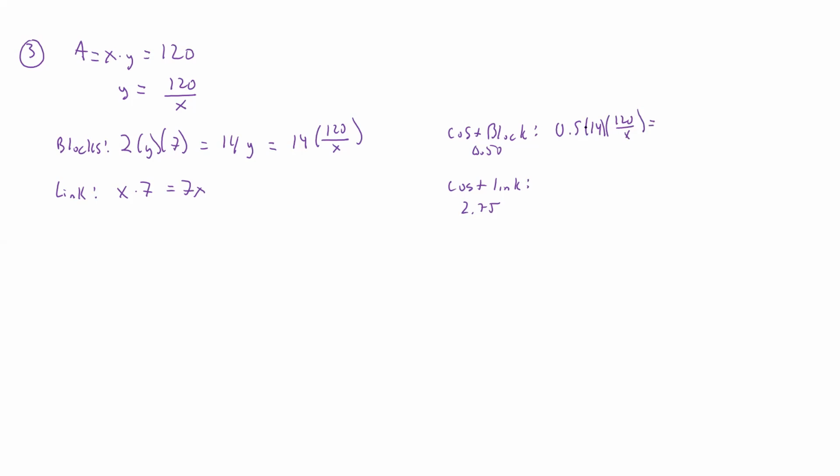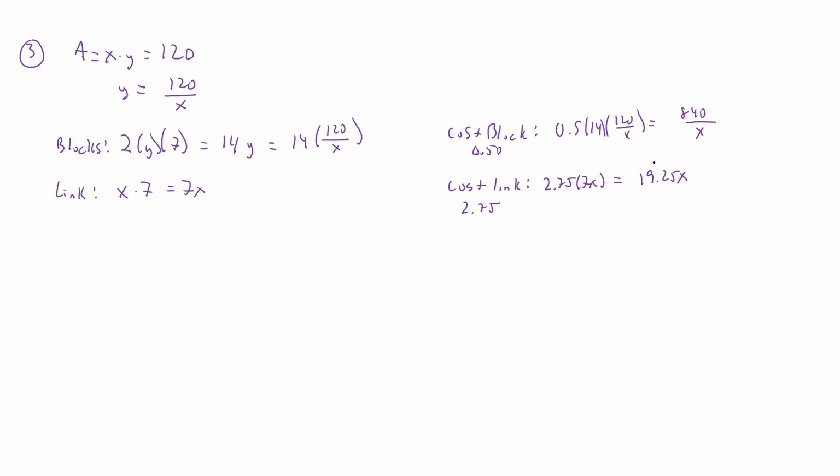And so if we do that, half of 14 is 7, times 120, that's going to be 840 over x. And this one is going to be 2.75 times 7x. And so that one, I'm just going to do on my hand calculator. So 2.75 times 7. So that's going to be 19.25x.